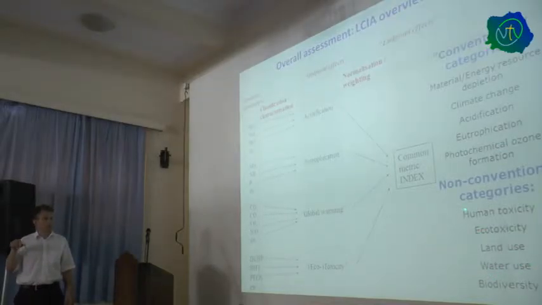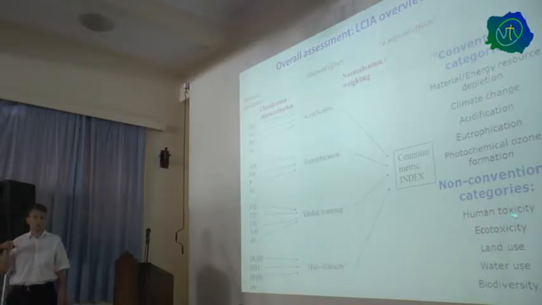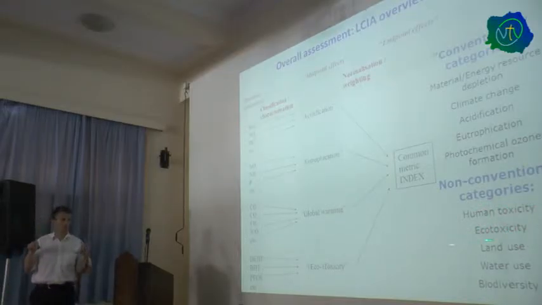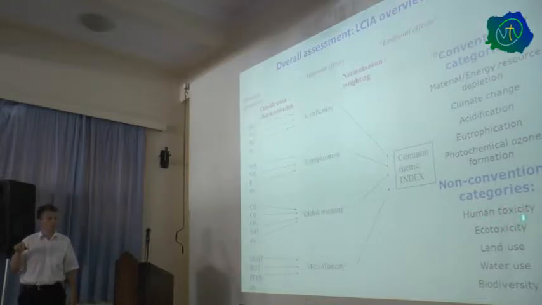Like I mentioned, there are developments going on in human toxicity and ecotoxicity. It's still difficult because there are so many substances and different mechanisms involved, so it's really cumbersome to derive new characterization factors, but basically the methodology is there for quite many substances.